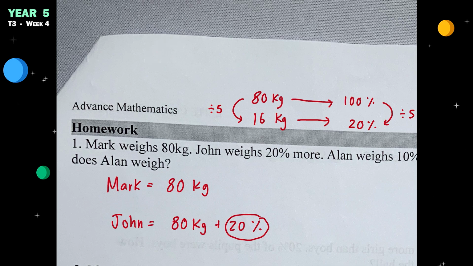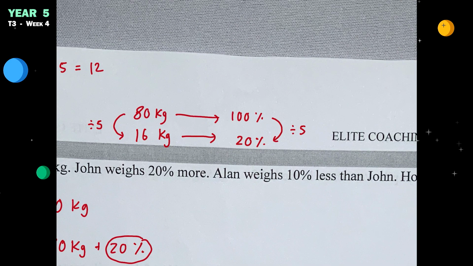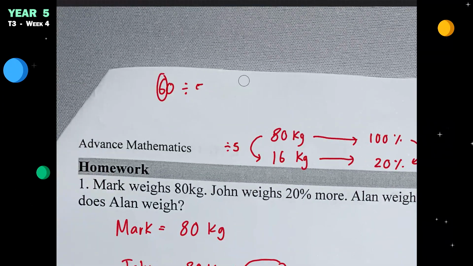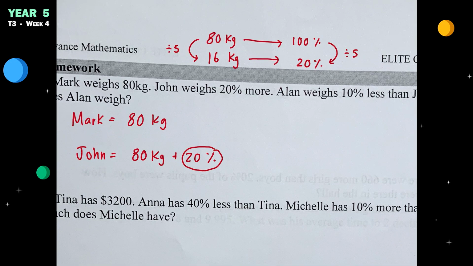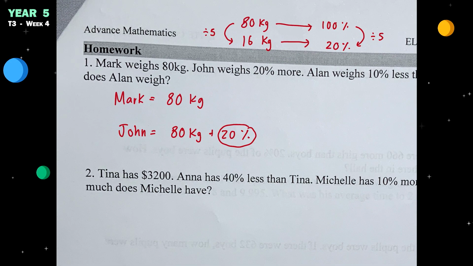What if I said 60 divided by 5? Double that, 12. Or 70 divided by 5? Double that, 14. That's the trick to it. There are lots of tricks in mathematics that can help you speed up your calculations, and that's one of them. So the answer is 16 kilograms.